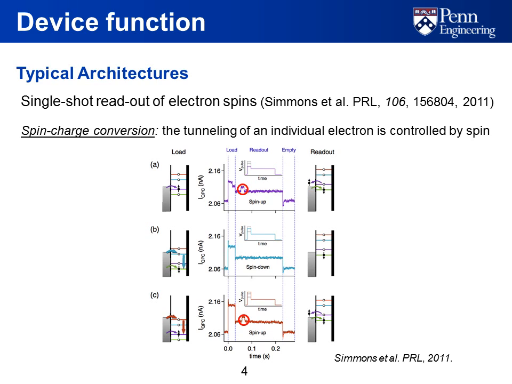However, if a spin-down electron is loaded as shown in B, no current will be read out because the energy level of the quantum dot is lower than the reservoir and the Pauli exclusion. So the readout current indicates the spin-up state.